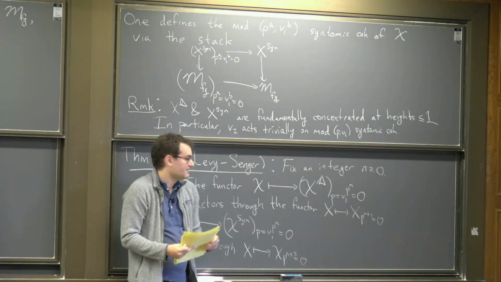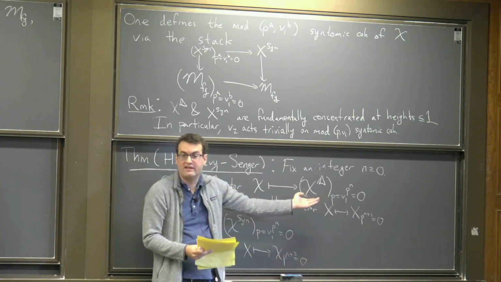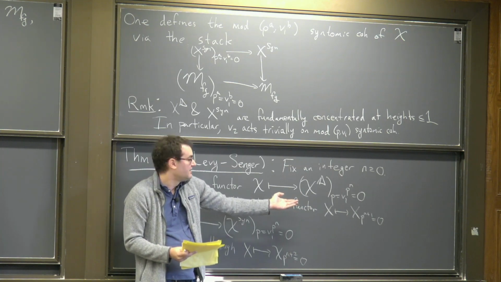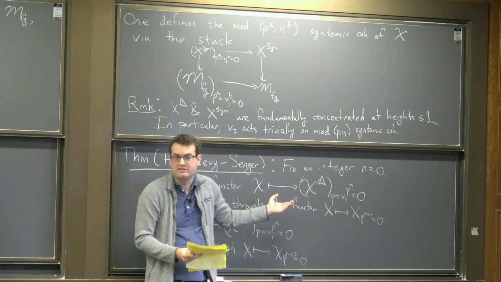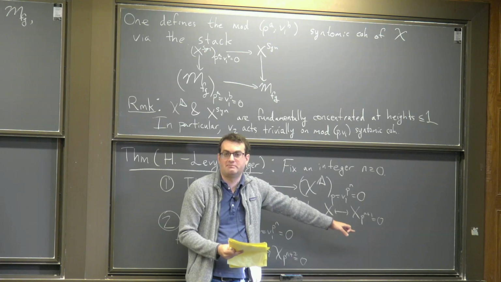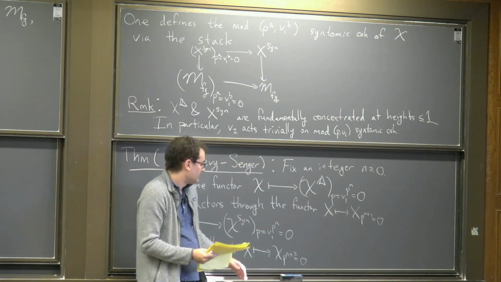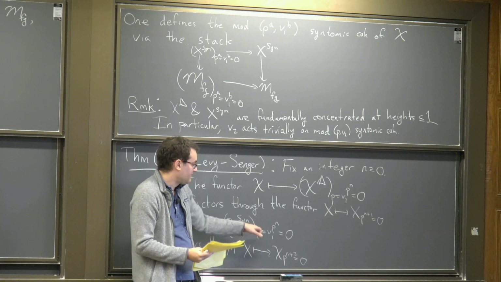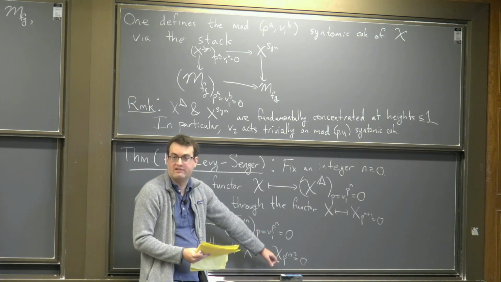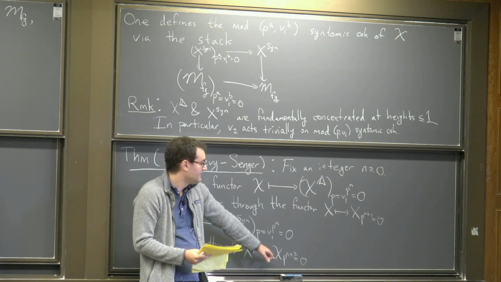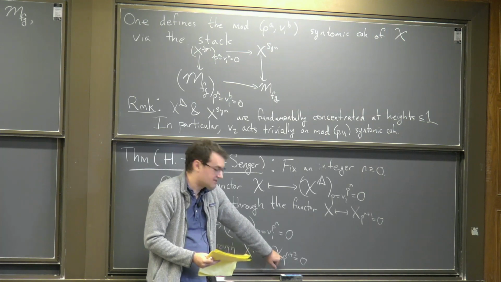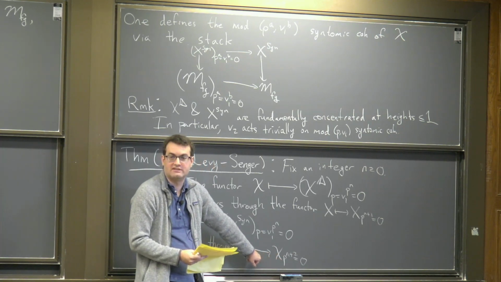So what this says is that if you want to calculate prismatic cohomology, and you're willing to work mod a power of v1, you don't actually need to know your original object as a p-adic formal scheme. You only need to know what it looks like mod p to the n plus 1. And syntomic cohomology, similarly, if I work mod v1 to the p to the n, is in fact determined by some p power reduction of the original object. It's a slightly different p power reduction. Here I have to mod out by p to the n plus 2 instead of p to the n plus 1 for prismatic cohomology.